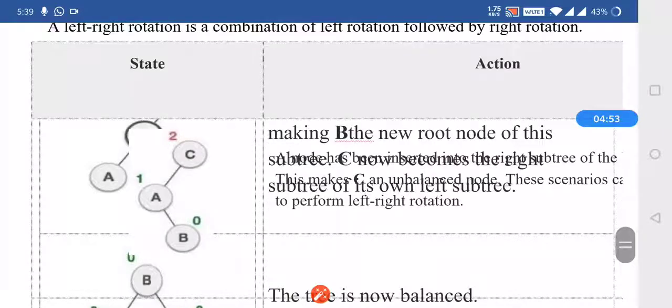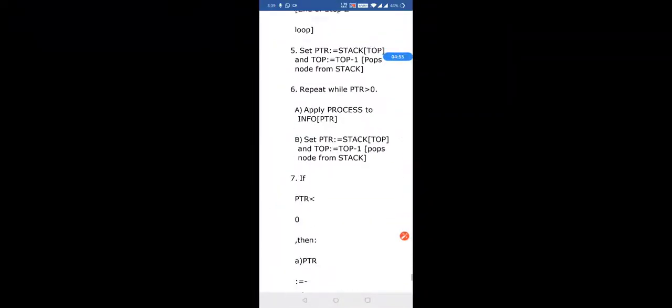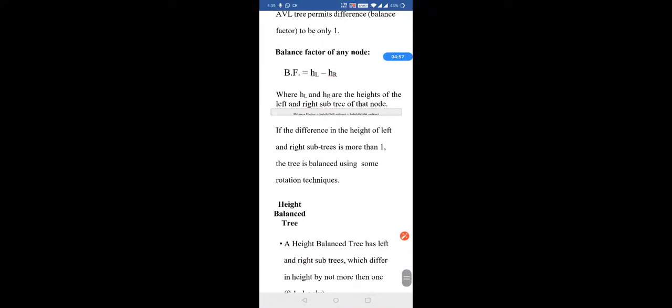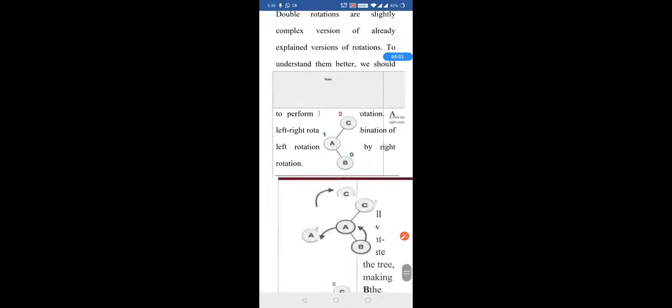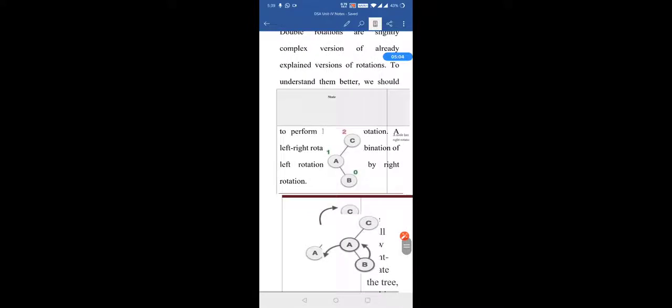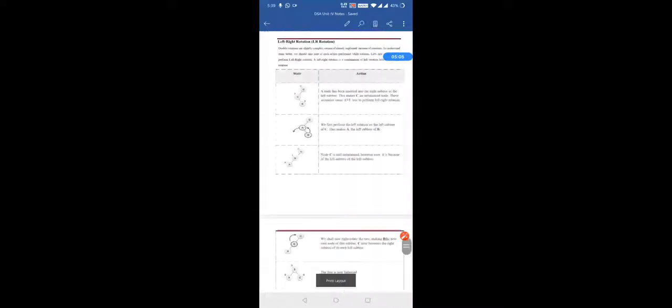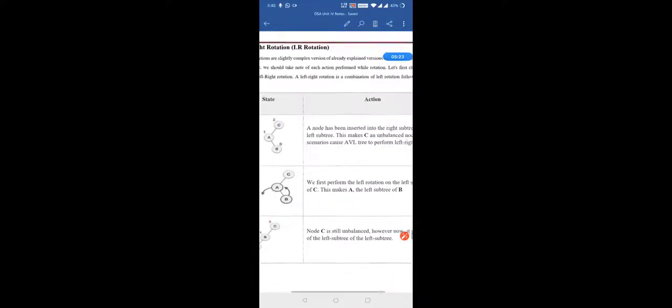Now we can see this particular tree where this is the unbalanced node, that is C, with A and B below it. So C is your unbalanced node. We have found out which is the unbalanced node.